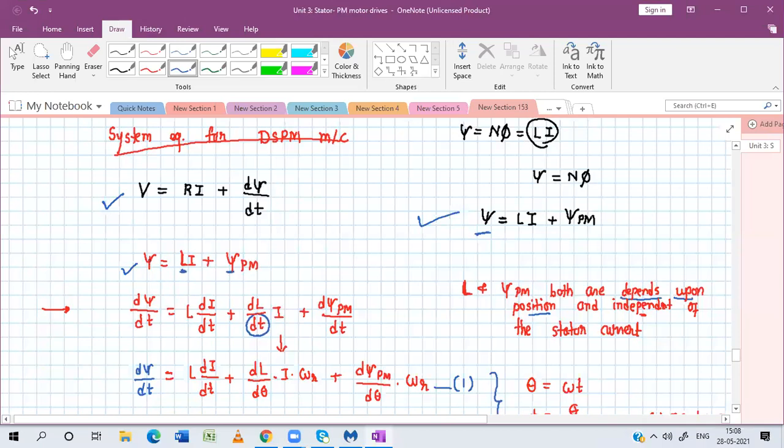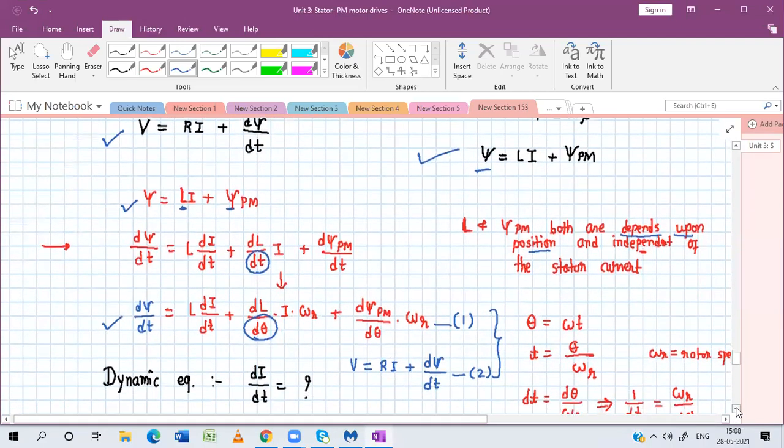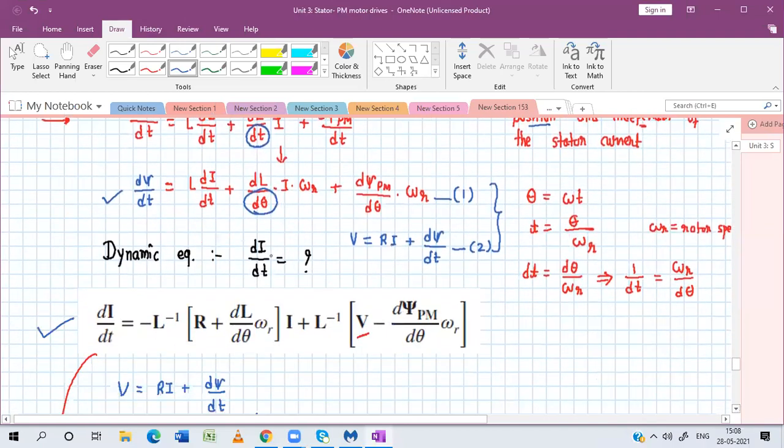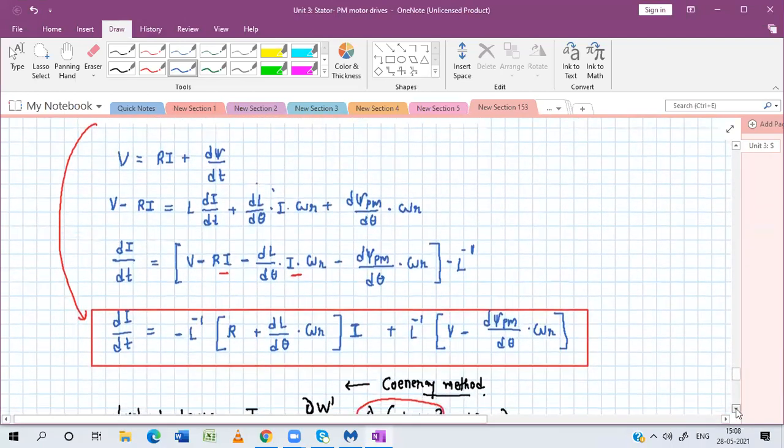First we differentiated this equation with respect to t, then instead of t we converted it into terms of theta. In this equation, you can see that dt is converted into d theta, and omega r is a constant because it is the rotor speed, so it doesn't depend upon the rotor position. Then we derived the dynamic equation di by d theta by putting all these values, and finally we got this equation.